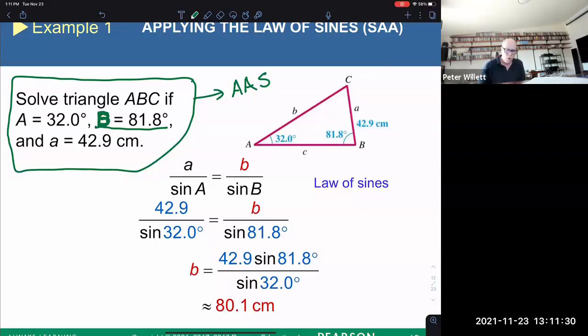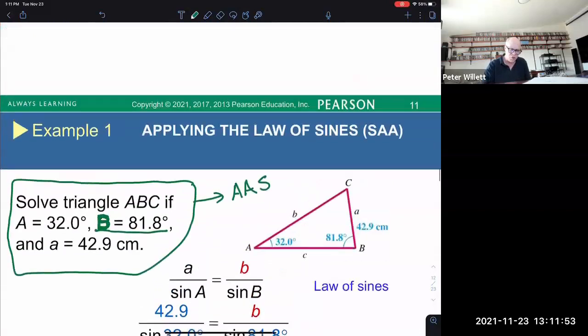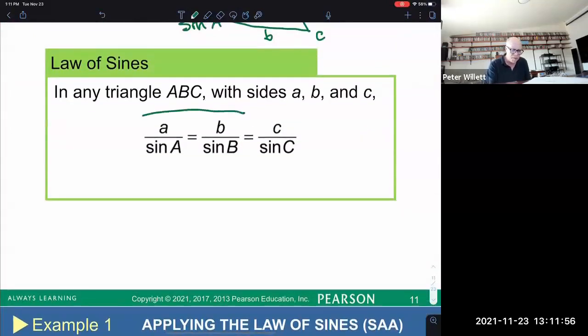And so what they're showing here is how we can use the law of sines to find missing parts of the triangle. And the immediate way to do it is to say, all right, well, the information they gave us is about A and B. They gave us the angle and the side of A, and they gave us the angle for B. So we're going to use the two that relate A and B. And then we will know 3 of these 4 things.